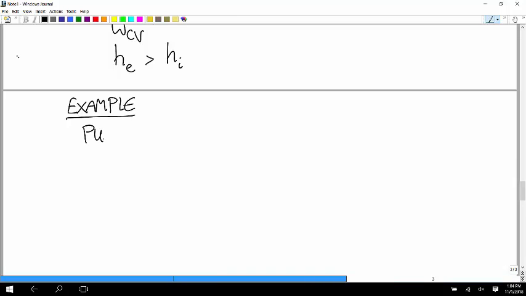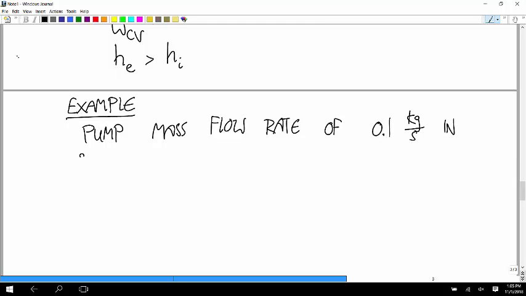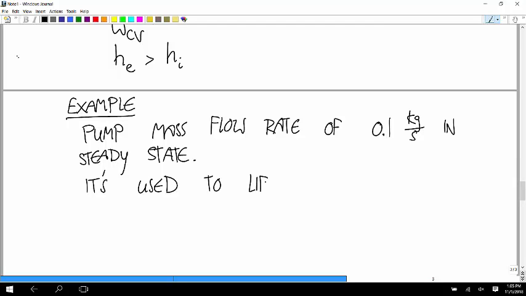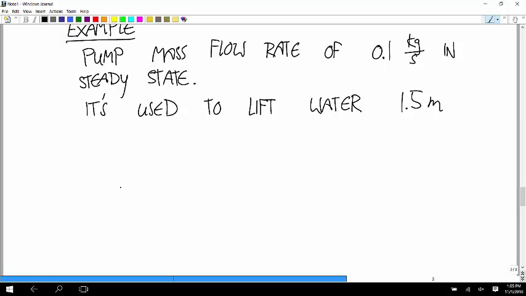So let's say we have a pump with a mass flow rate of 0.1 kilograms per second in steady state, and it's used to lift water 1.5 meters.